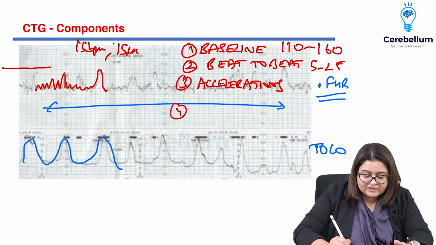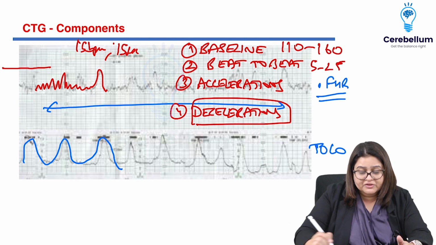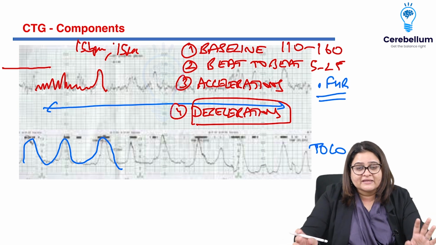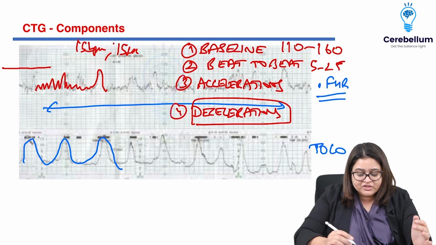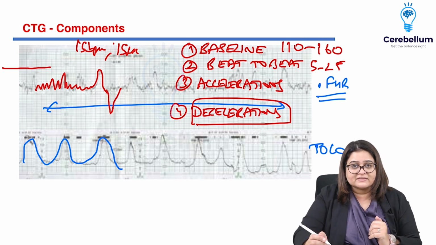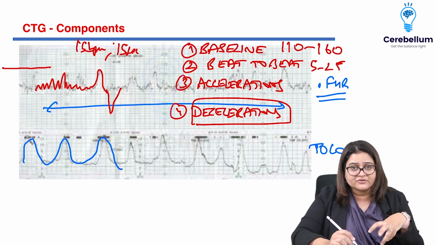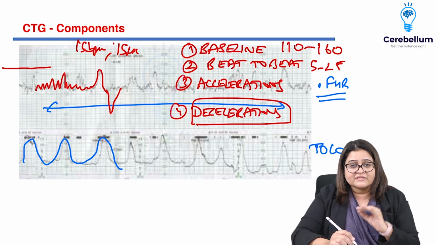And the fourth thing and the most important thing in a CTG is looking for decelerations, because these are not a nice thing to have. Some are okay, but some are bad, and this is what tells us that the fetus is distressed. What is a deceleration? It is the opposite of an acceleration. So if the fetal heart was going like this, this is called a deceleration, a drop in the fetal heart rate by 15 beats per minute or more, lasting for at least 15 seconds.